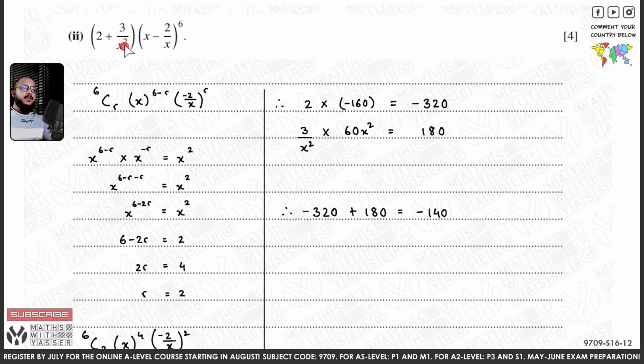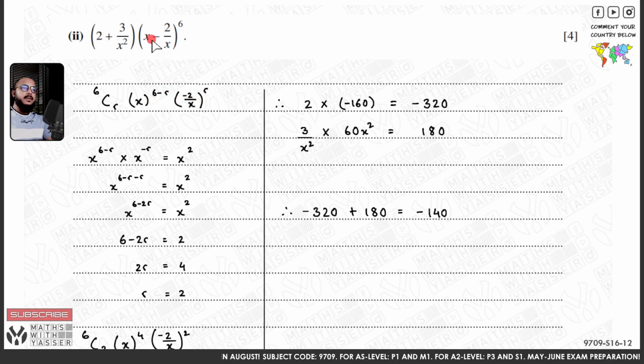So if x square is in the denominator, that means from this expansion we need something which will have x square in the numerator. So for that we need to figure out again what should be the value of r that will give us the term which has x square. So again 6Cr x to the power 6 minus r times negative 2 over x to the power r.